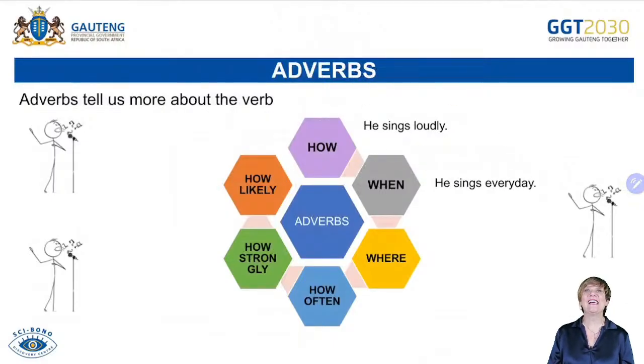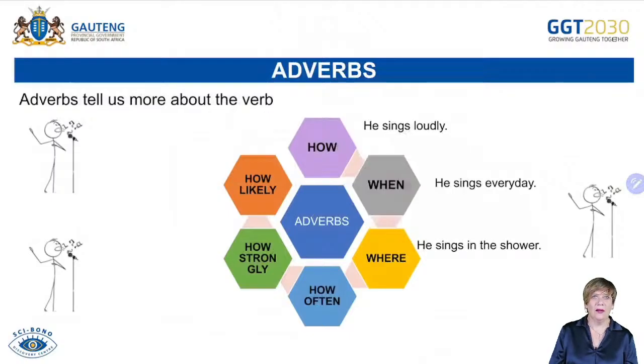He sings every day. So can you see? That's your time one. Where? It's obviously easy, that's your place. He sings in the shower. Remember, it's describing the verb. Where is he singing? In the shower. That is why it's an adverb.